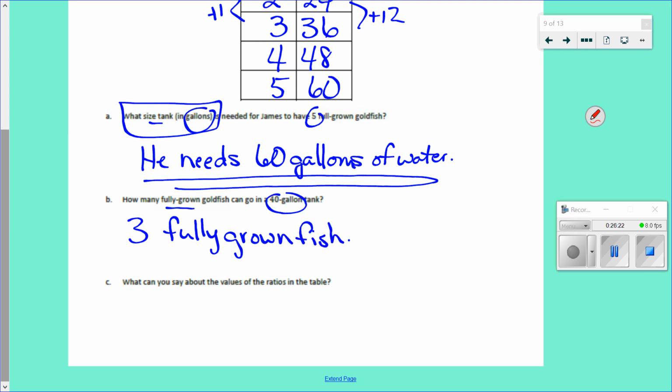Good. So if you put down 4, you're one of our fish killers. Do we have any fish killers in here? Mary? Mary's killing the fish. She's putting 4 in there. They all die.